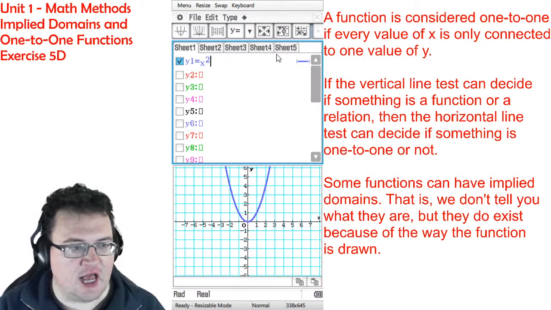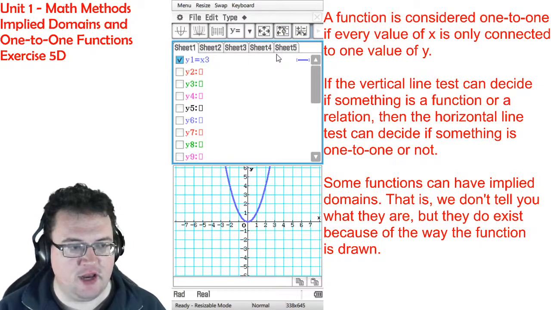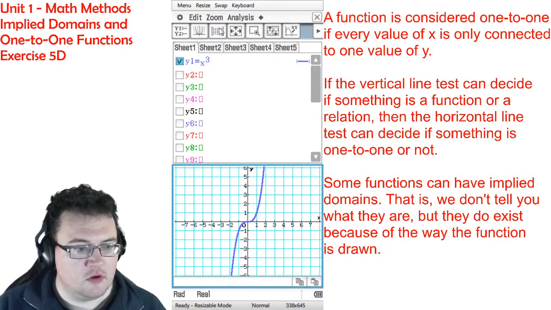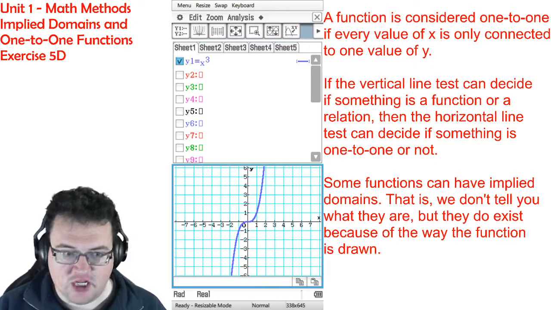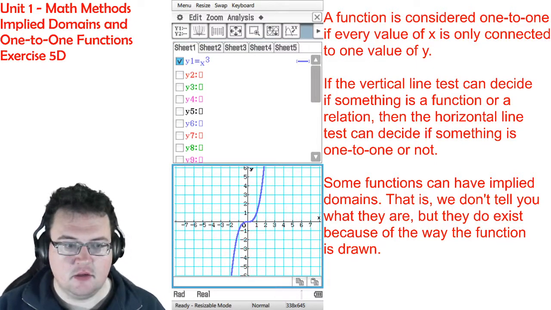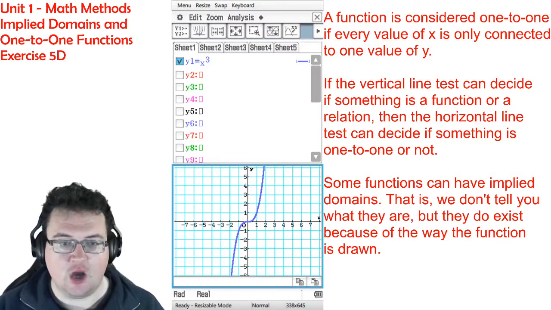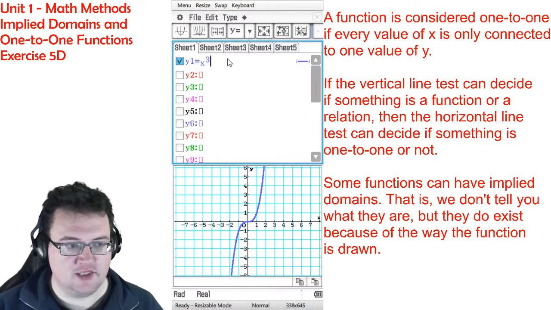And then as I keep going up and up, that cubic, for example, is not one-to-one. Sorry, it is one-to-one, because if you draw a horizontal line across it, it only crosses the graph once.